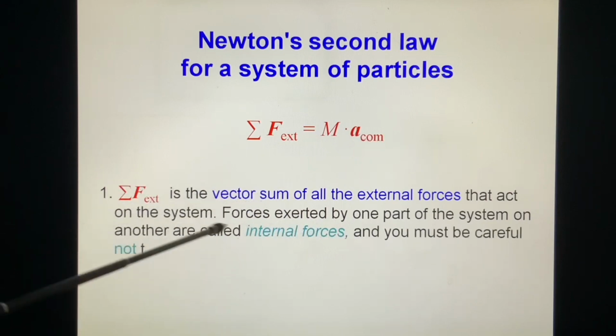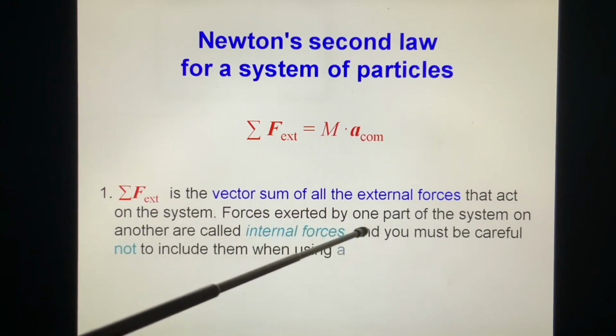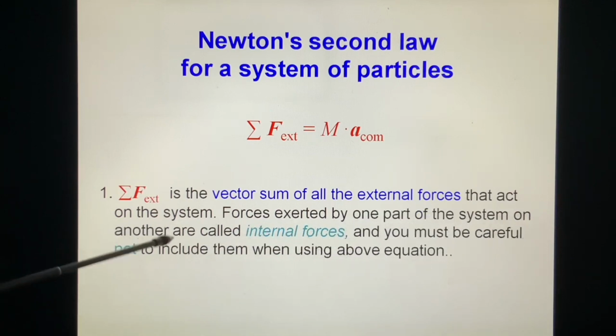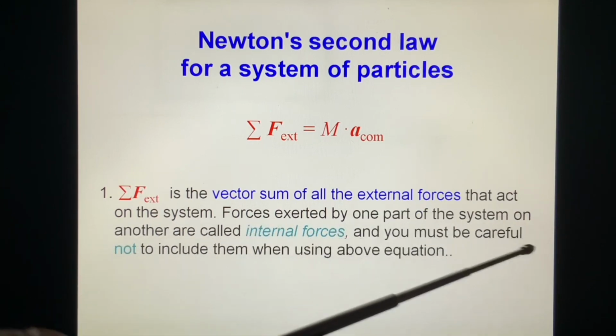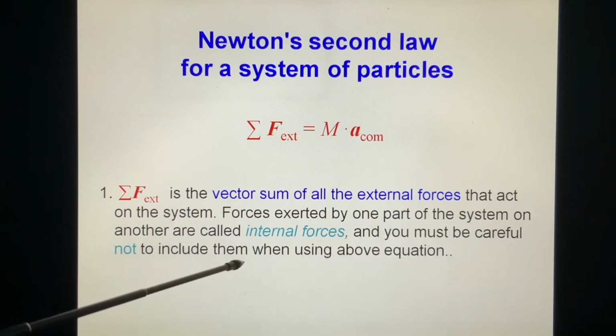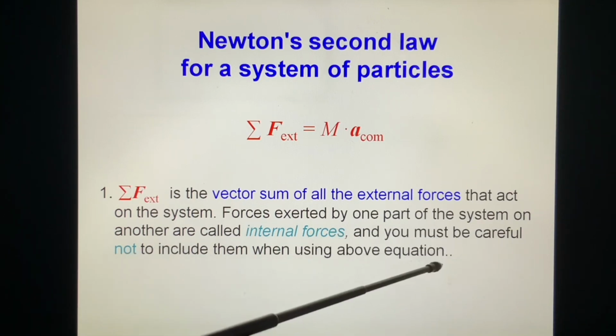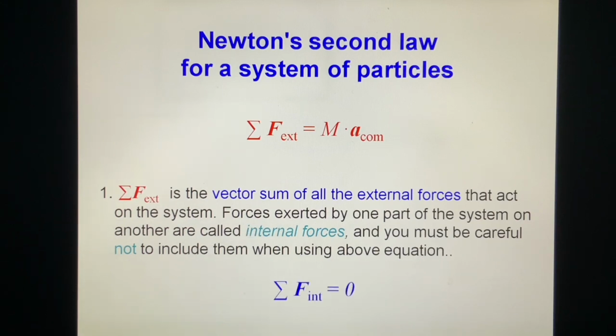Forces exerted by one part of the system on another are called internal forces, and you must be careful not to include them when using this equation, because sigma F internal equals 0, as we have explained before.